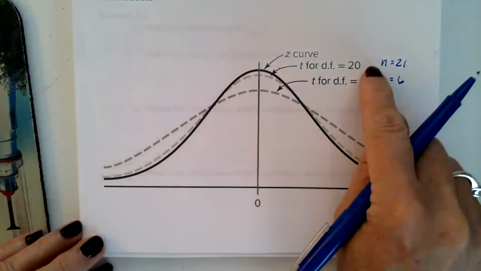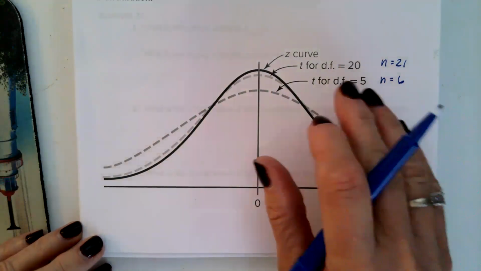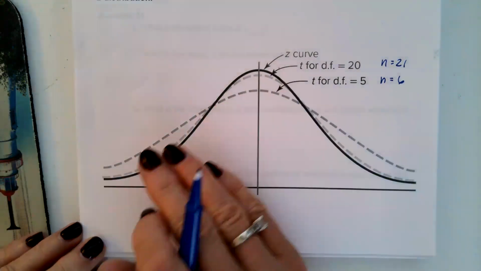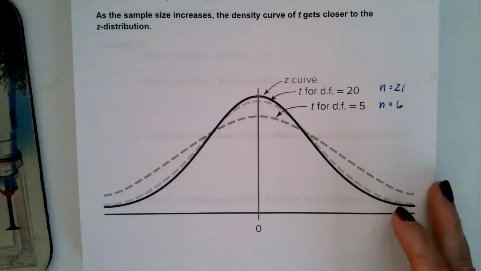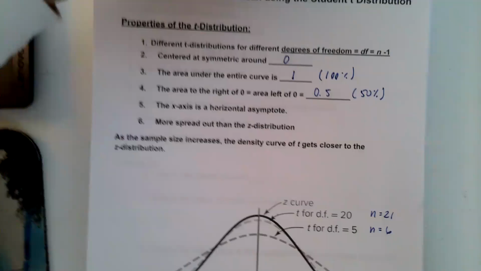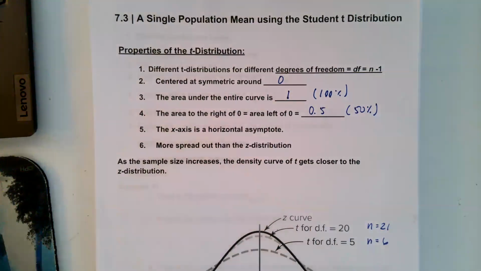And so the larger the sample size, when you don't know the standard deviation, you're getting closer to the Z curve, but you can't use it. You have to use the T. Okay. So for when we are estimating a population mean for quantitative data, we're going to have to use this T distribution.